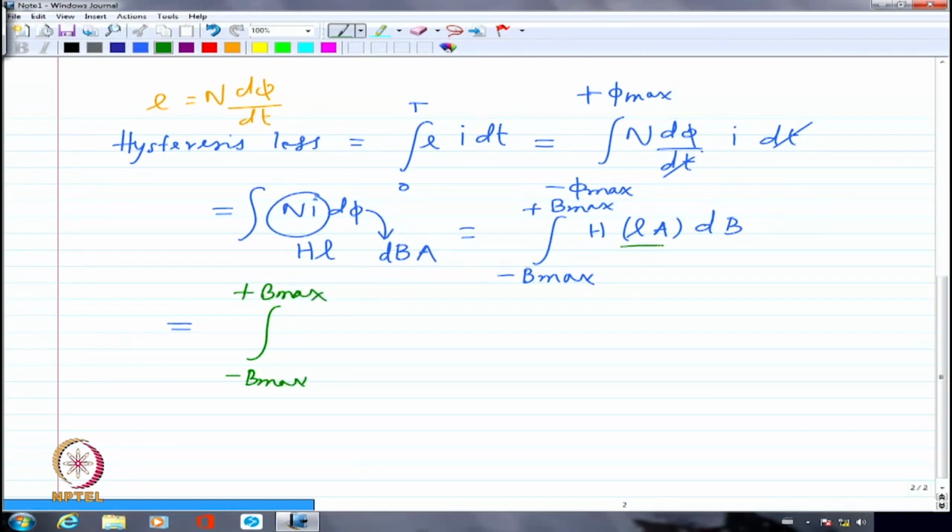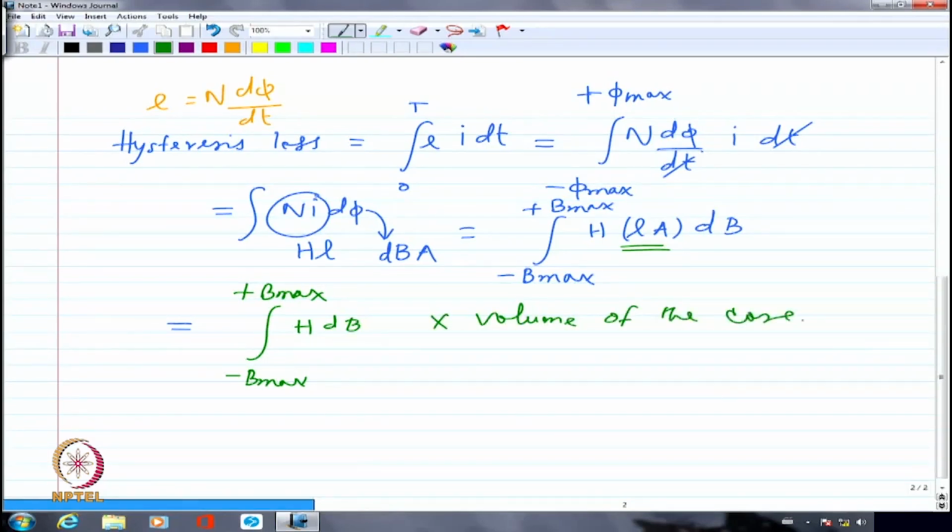A multiplied by L is the volume of the core, because L is the overall length of the magnetic circuit, which is the average circumference of the core, and A is the cross-sectional area through which the flux is flowing, assuming a uniform cross-section. So it is the integral of H dB multiplied by the volume of the core.